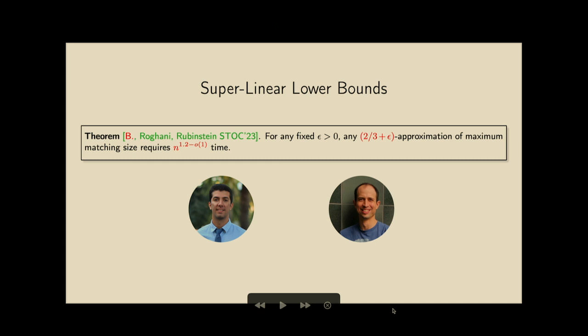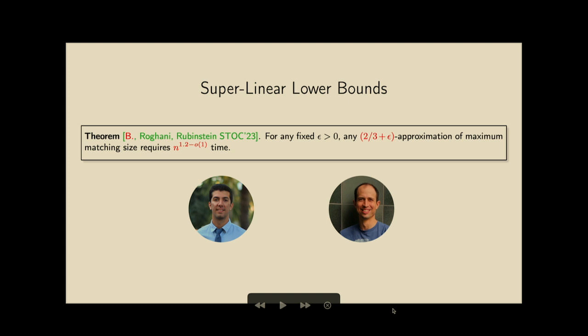And the only extra assumption is that we want a better approximation than just constant. This cannot be true for any constant, because as I showed, a half approximation can already be obtained in order n time. So this is basically showing that there's some non-trivial trade-off happening between the approximation ratio and the running time of sublinear time matching.